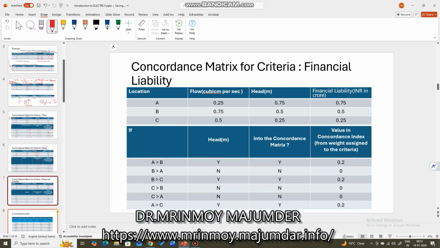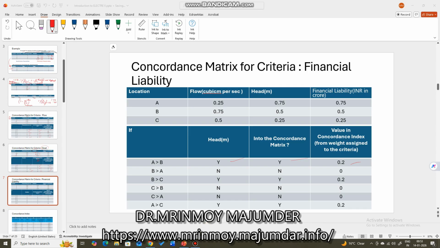Similarly, for financial liability also, we have done the same thing. When it is yes, then the weightage of the criteria is included into the concordance index. In a similar manner, all the alternatives are compared with all the other alternatives, and the results are shown here.